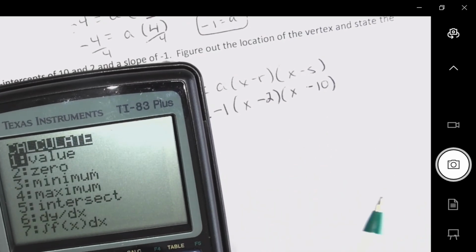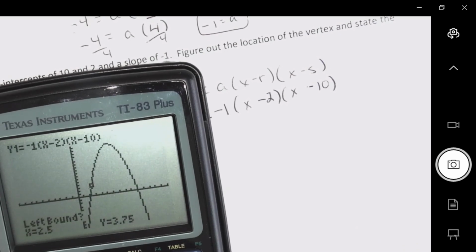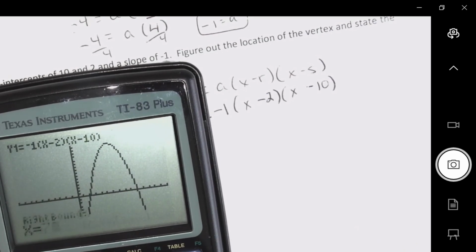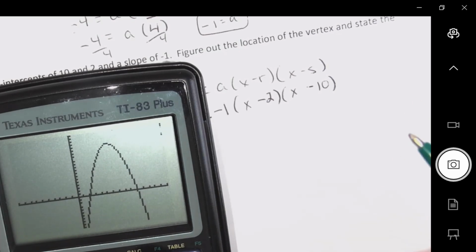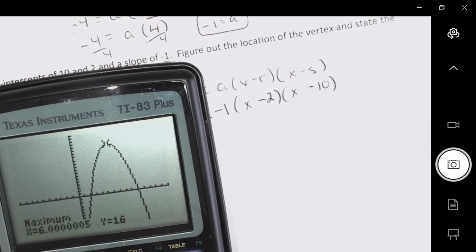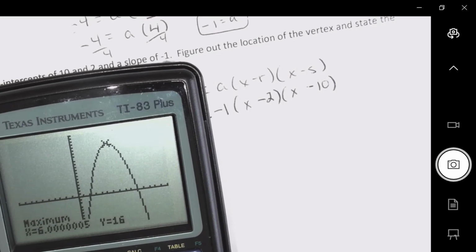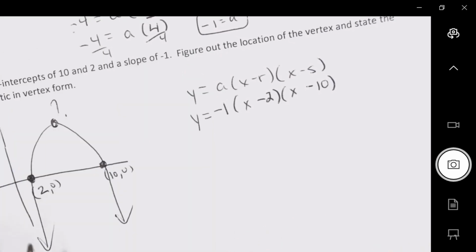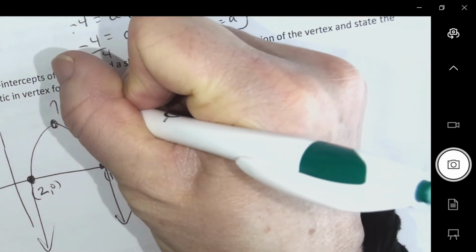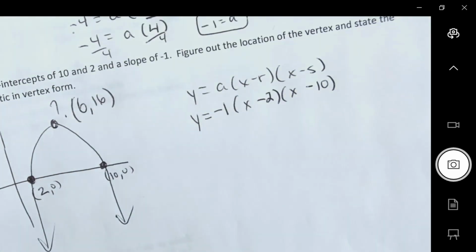Second calculate. Maximum. Be on the left, move it to the right. I got 6, 16. Move it left, right. Get your 6, 16.